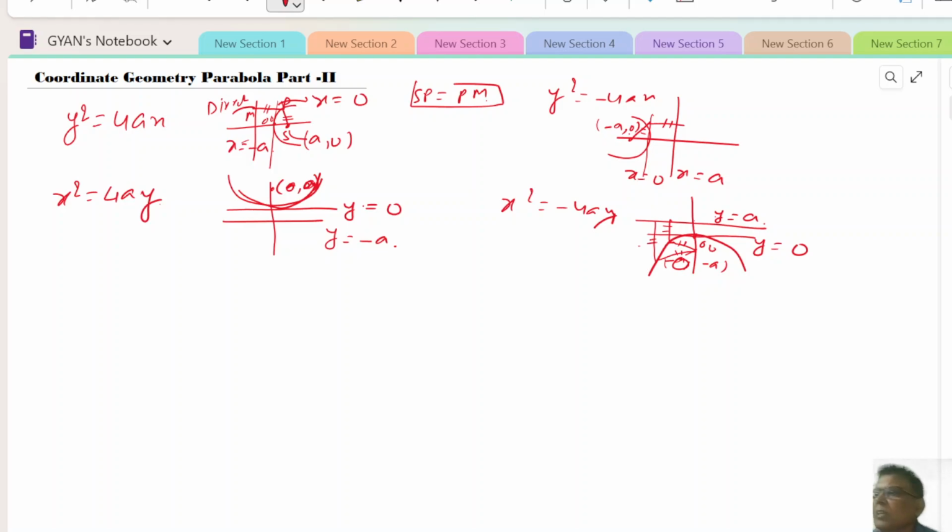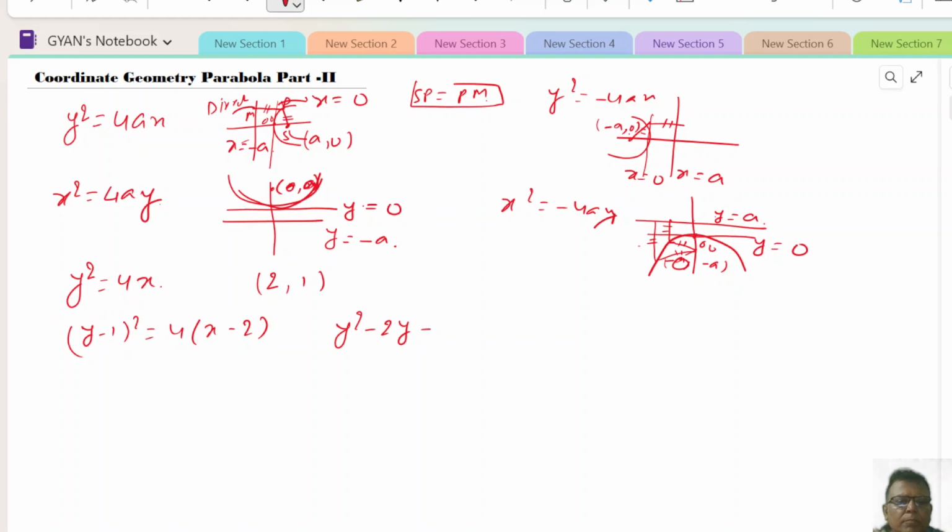So now come to shifting. Suppose the general equation is y square is equal to 4x and it has to be shifted to (2, 1). Then (y minus 1) the whole square is equal to 4(x minus 2), so y square minus 2y plus 1 is equal to 4x minus 8.